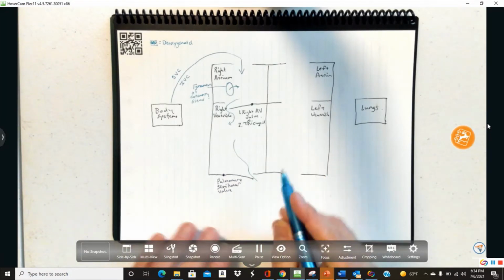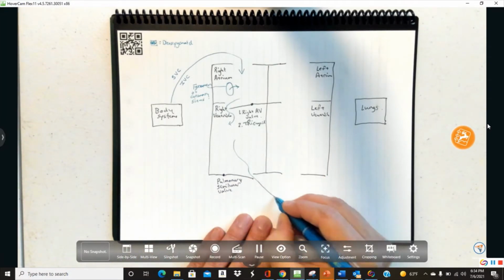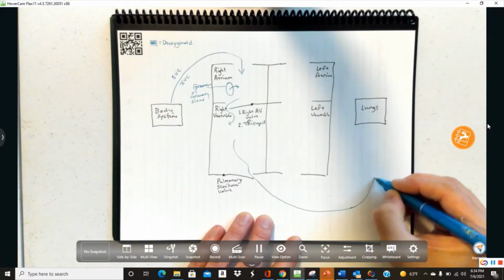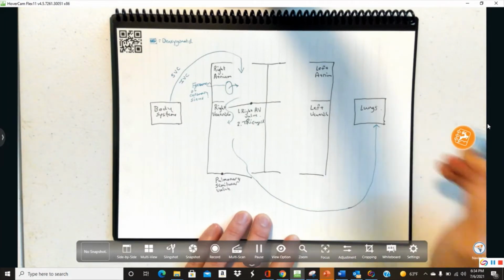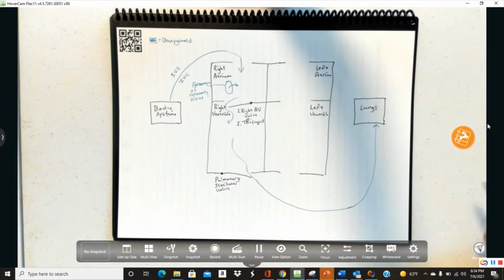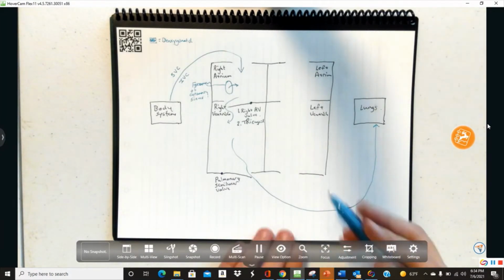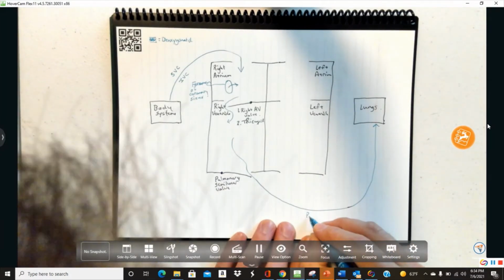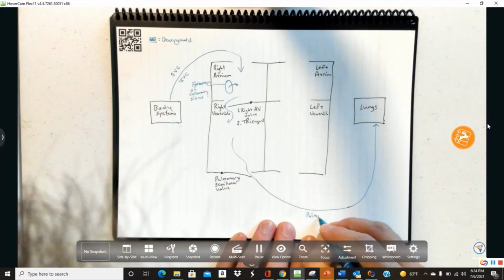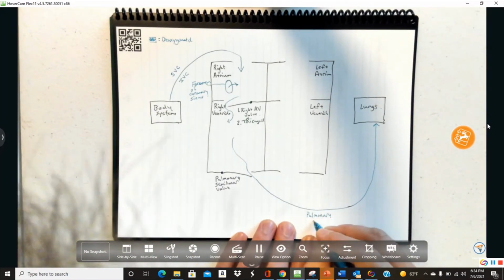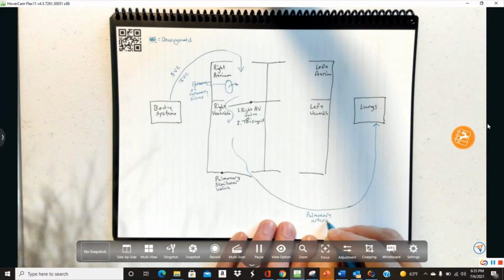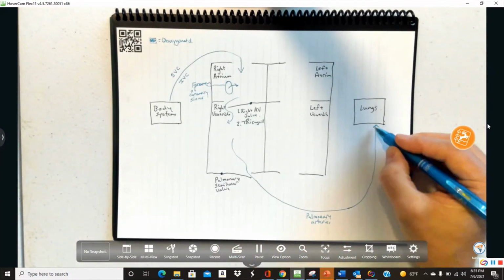Now, pulmonary is telling me that it is destined for the lungs. So this deoxygenated blood is going here. Now, case in point, we are leaving through the pulmonary semilunars. So these are the pulmonary arteries. Pulmonary arteries. And your pulmonary arteries bring us to our lungs.